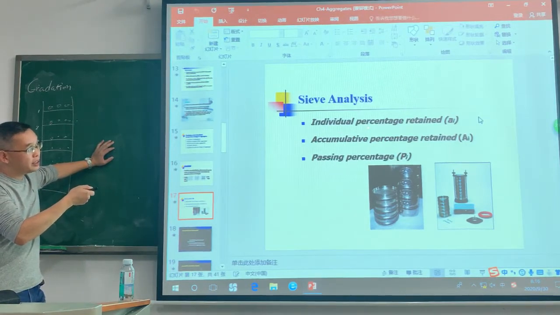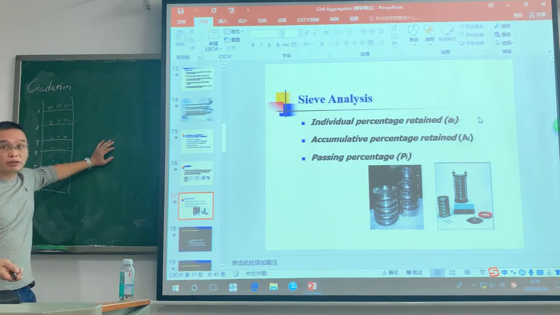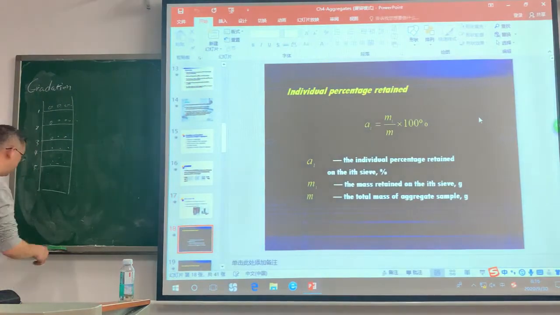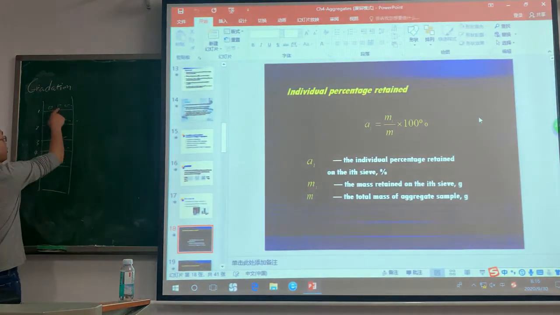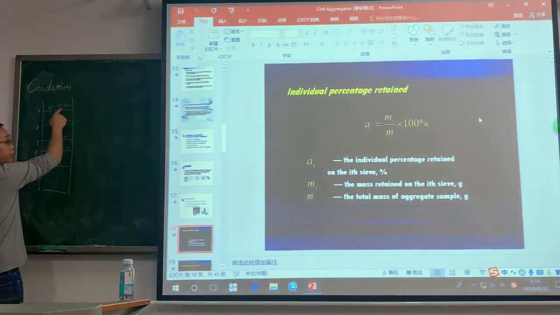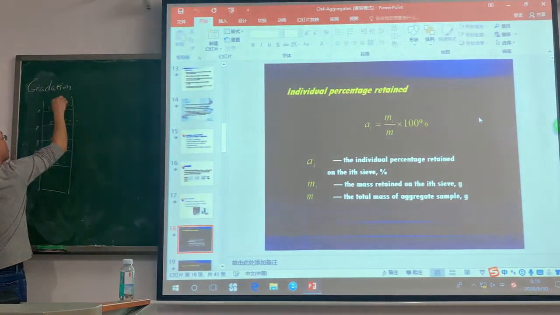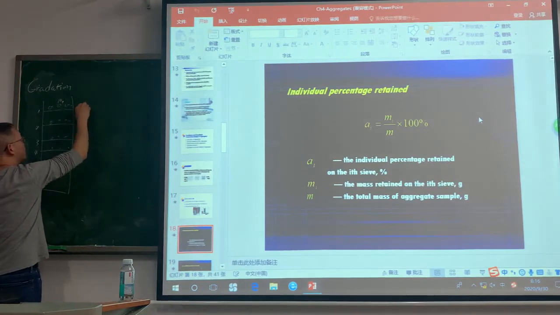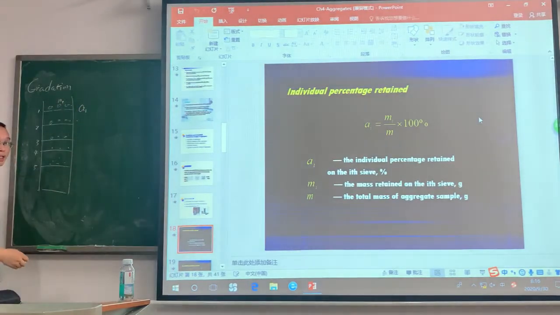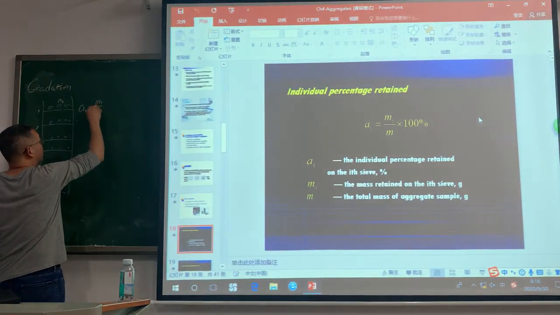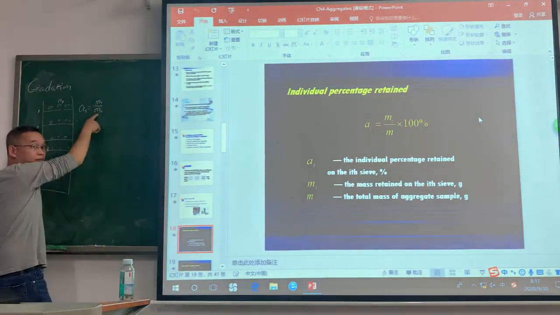The first one is the individual percentage retained. If the mass of the aggregate on the first sieve is M1, the individual percentage retained A1 is M1 divided by the total mass. What is this mass?